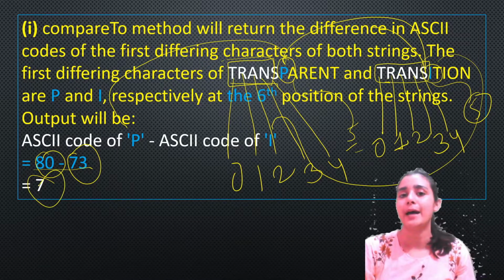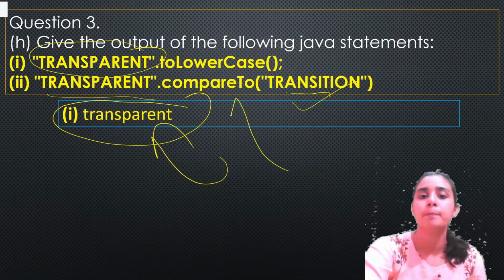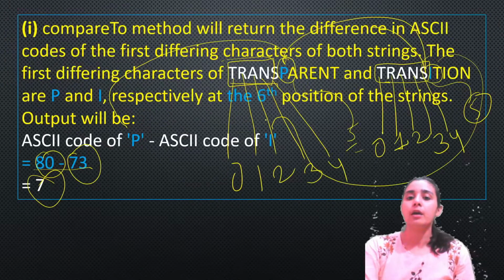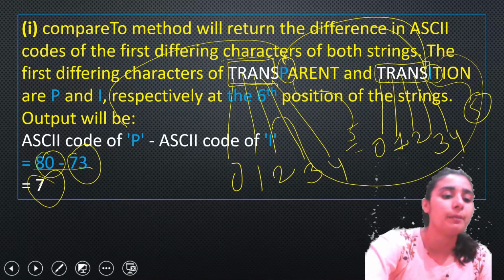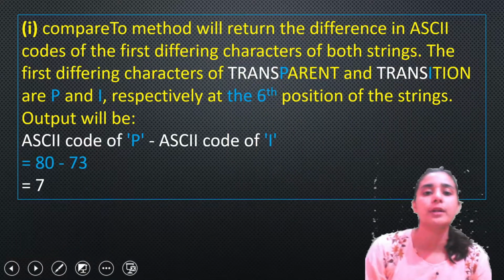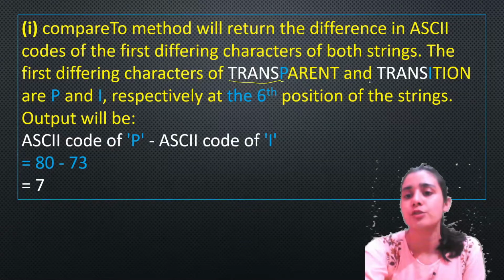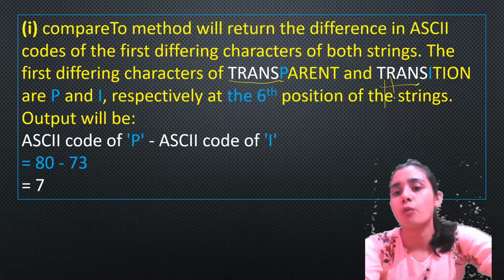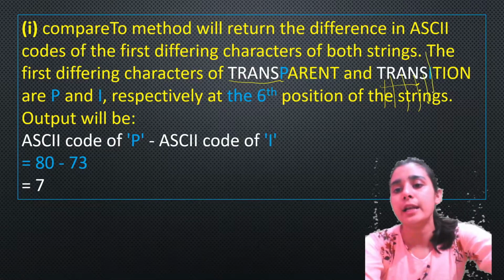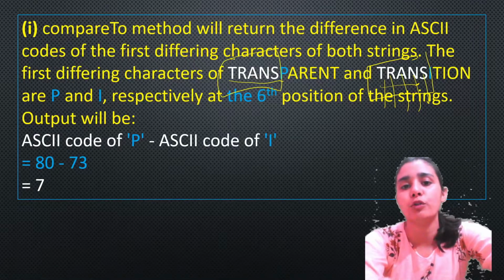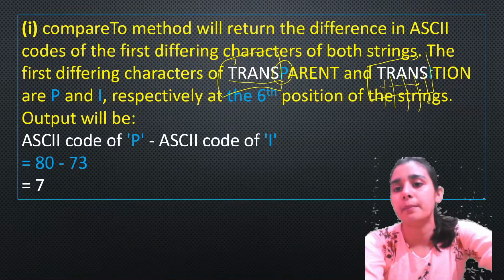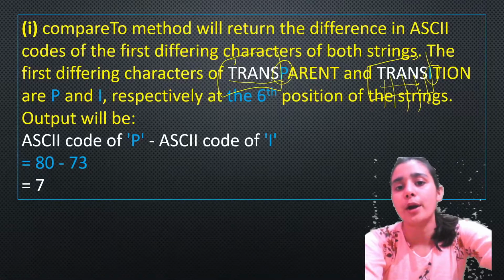So how is this compareTo method doing the work? Are you getting what I want to say? Okay, see here, I'm explaining this question again. Listen to me carefully. TRANS, so till index 0, 1, 2, 3, 4, both were the same, but from the next position they change, right?